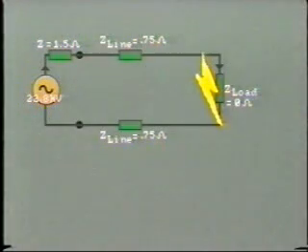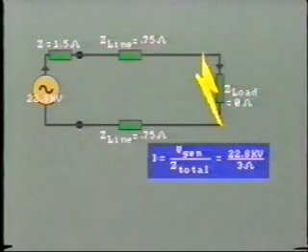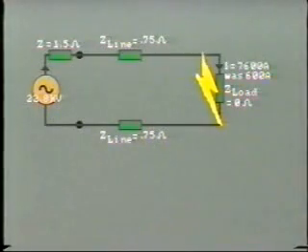The load impedance now falls to 0. As a result, the total current circulating through this circuit will now be 22.8 kV divided by 3 ohms, which equals 7,600 amps. This is a tremendous change in magnitude of current, increasing from 600 to 7,600 amps.